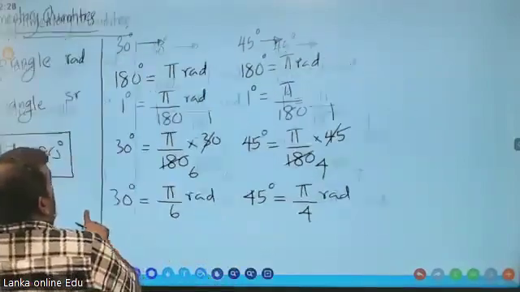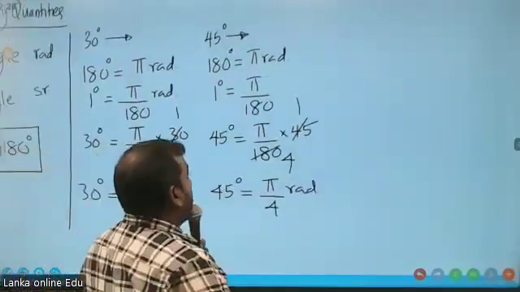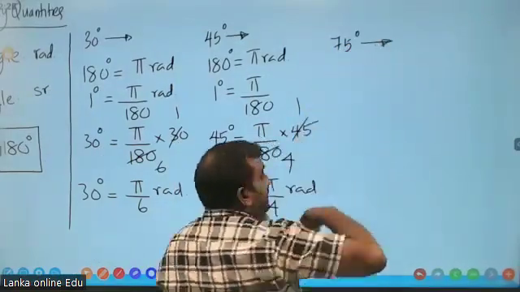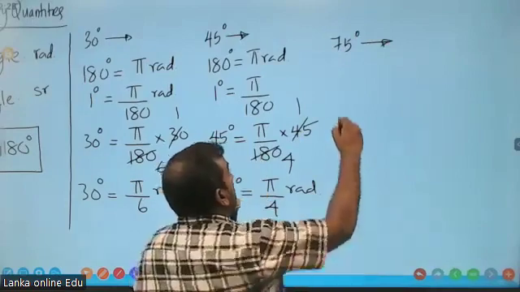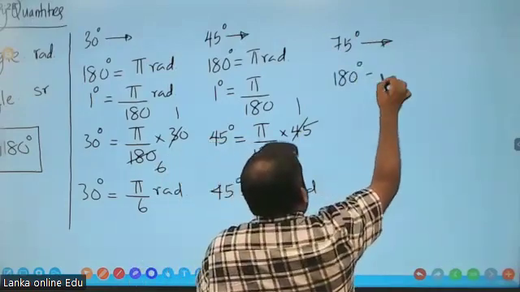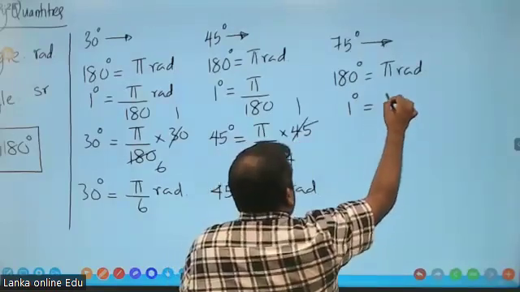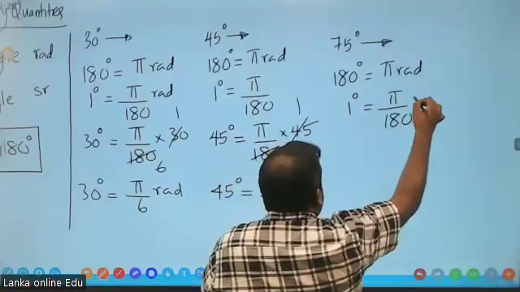Let's say 75 degrees, convert this to radians. Basic rule again: 180 degrees equals pi radian, 1 degree is equal to pi over 180 radian.